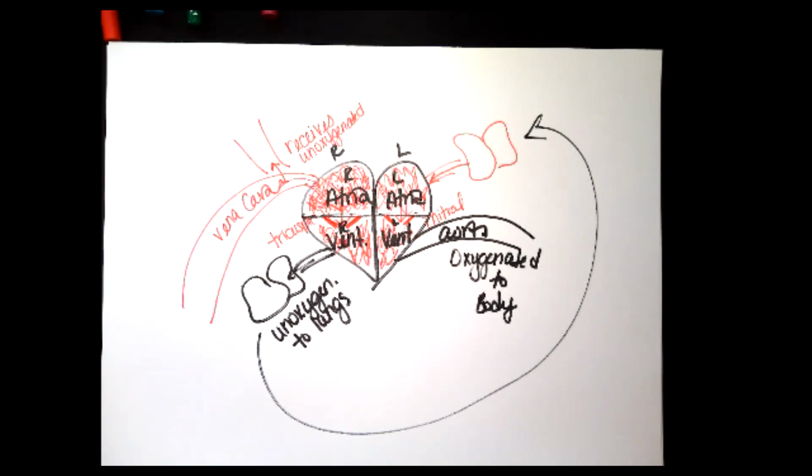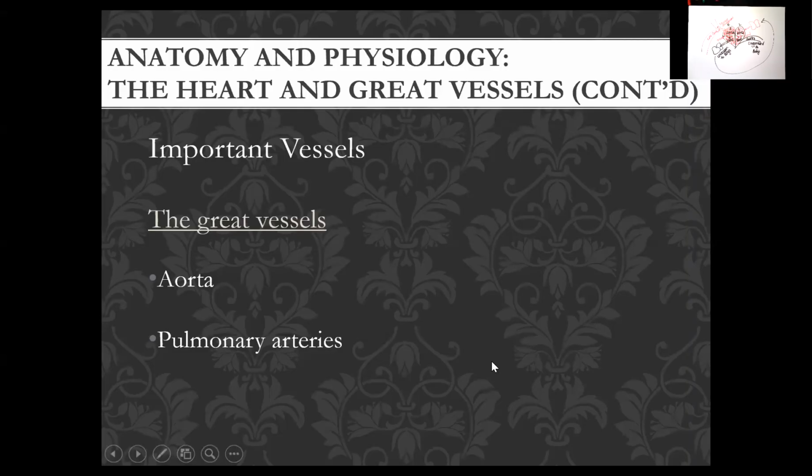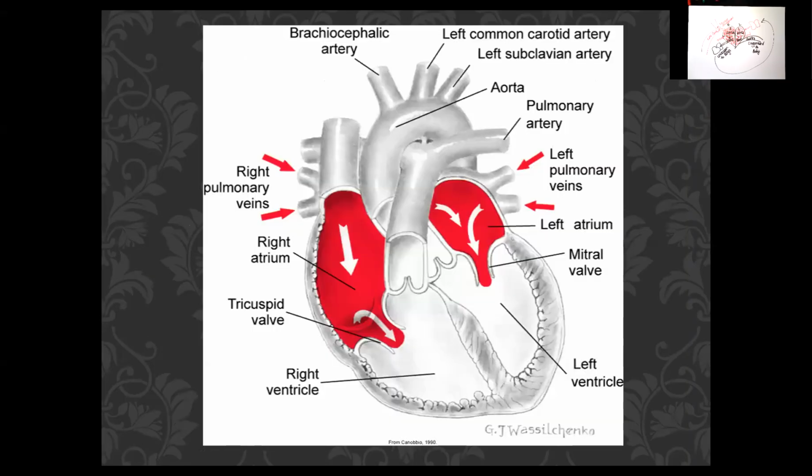Let's see what's next. So in this diagram, you can see that the blood is in the receiving chambers. So it's coming through the vena cava into the right atrium. It's also coming into the left atrium from the lungs. Okay, and as that fills, it's going to create that pressure and it's going to start to open those valves, and then the ventricles will fill.